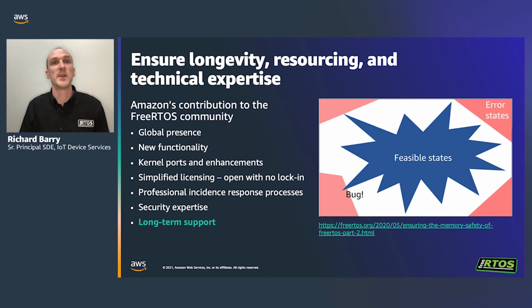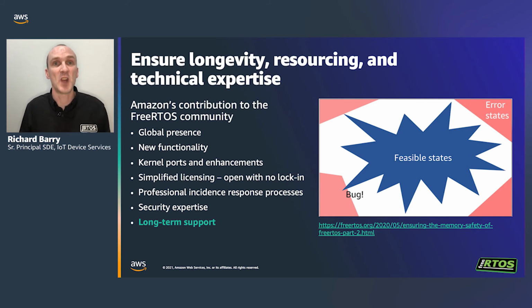So the software is free, right? But we also want to make sure that that software is as secure as possible. And this is an ongoing process. Obviously, it never really ends. And one of the things that AWS are doing is formal proofs on the code. So there's a growing number of formalized memory safety proofs, and some of the algorithms have formal proofs. We've got a couple of blog posts on that.